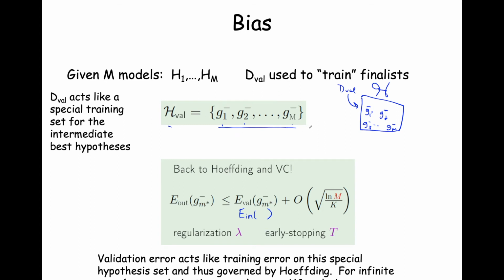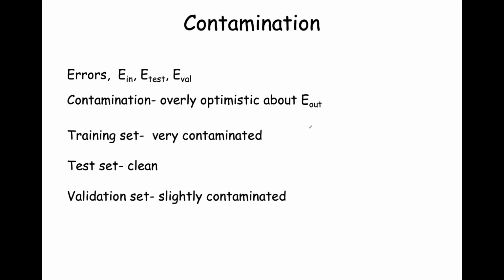Okay. So let's talk about this idea of contamination. When you evaluate error, this contamination is one of the reasons that you're overly optimistic about out-of-sample error. That stems, again, from the fact that you're picking the best from among a set of alternatives.